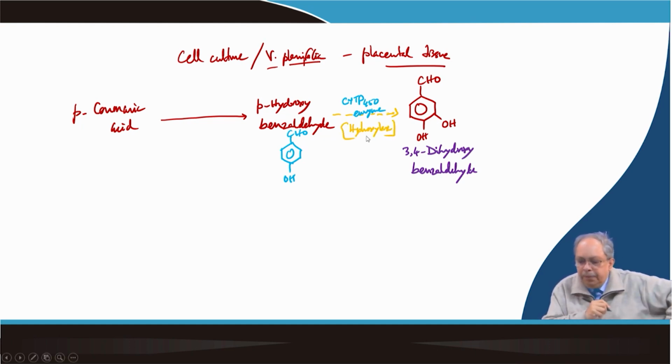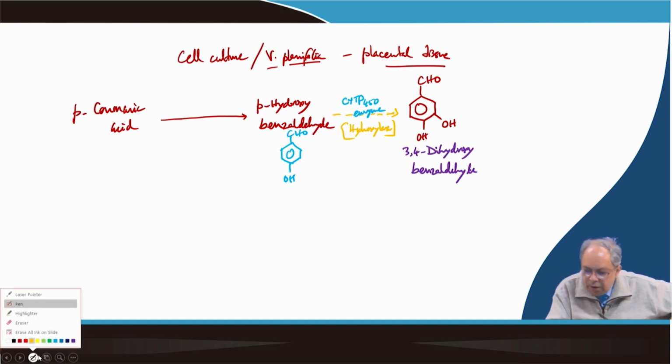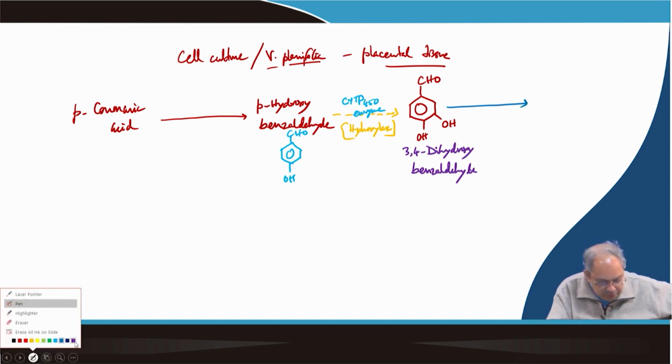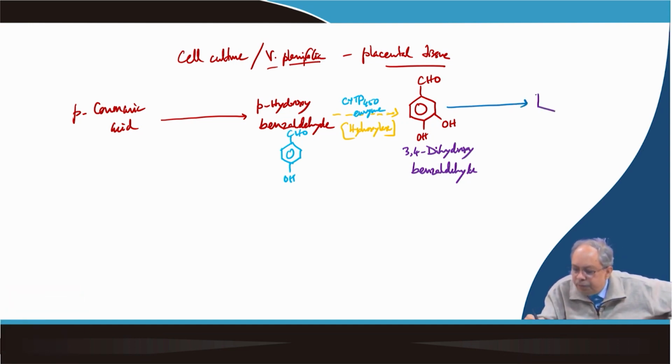But interestingly, there is another group from Korea. That group basically isolated 3 OMT from Vanilla planifolia pod, and this 3 OMT converts 3,4-dihydroxybenzaldehyde to vanillin.